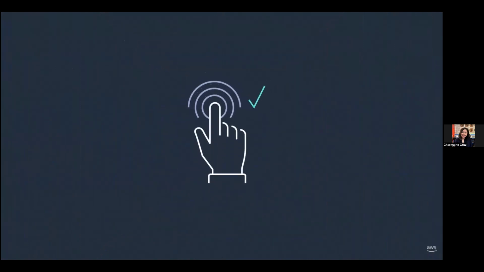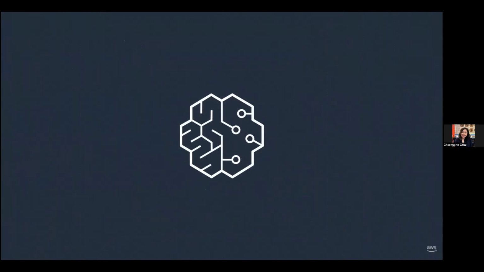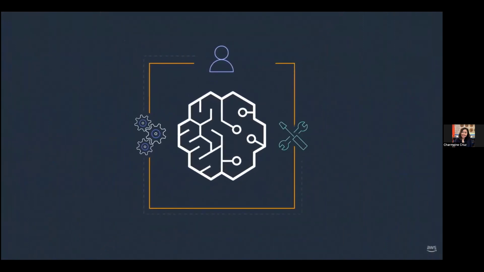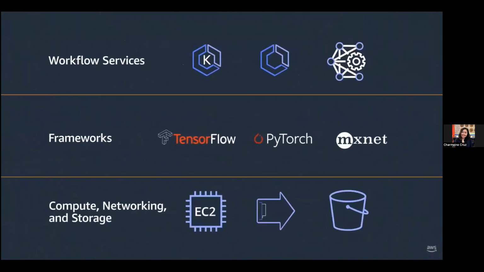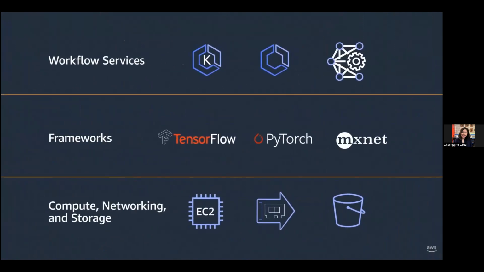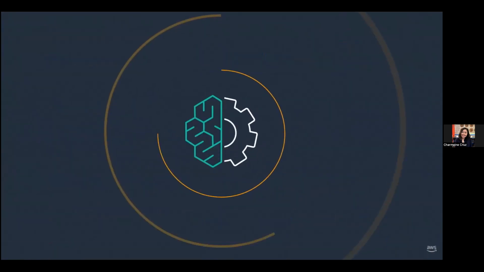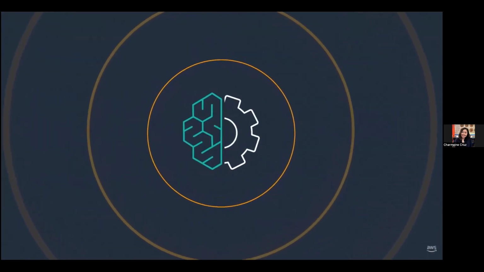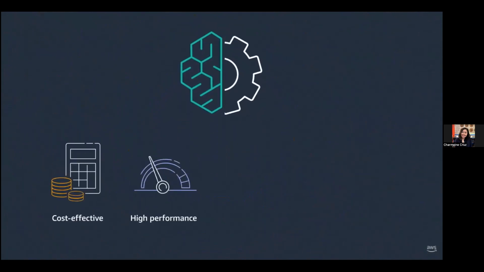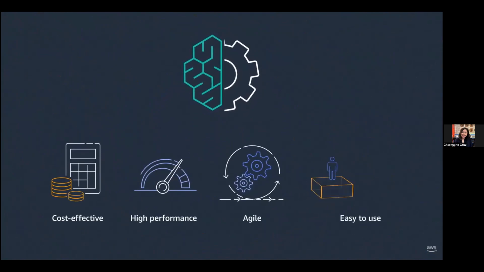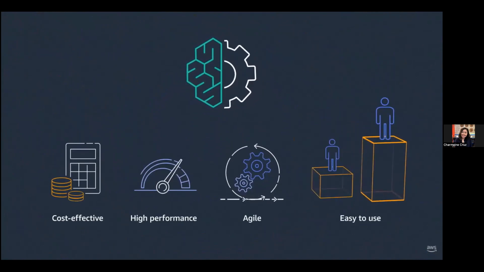For the fastest and easiest way to get started using machine learning, AWS offers Amazon SageMaker, a fully managed machine learning service. For more customized machine learning projects, AWS Machine Learning Infrastructure delivers a range of options to you. AWS Machine Learning Infrastructure Services remove the barriers to adoption of machine learning with cost-effective, high-performance options that are agile and easy to use for beginners and experts alike.